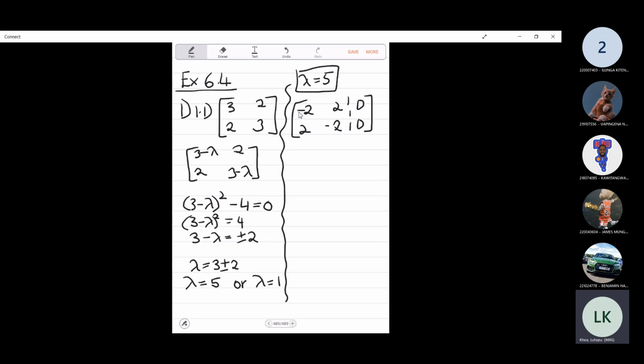So you can see I can divide this first row by -2.